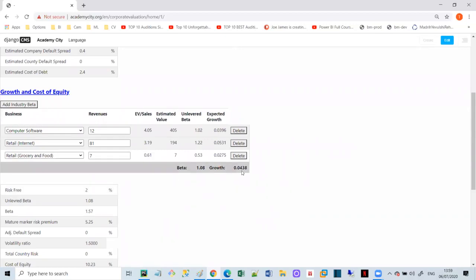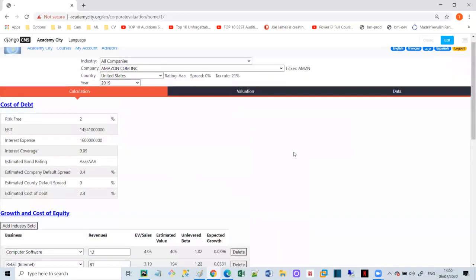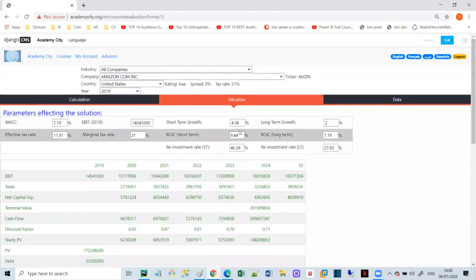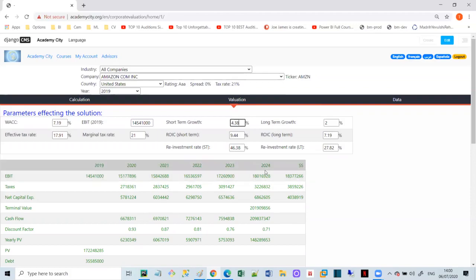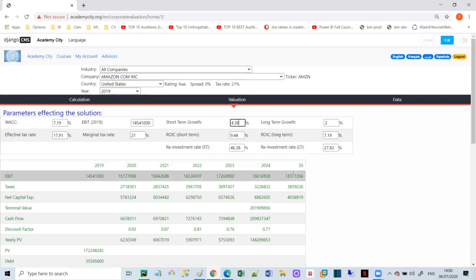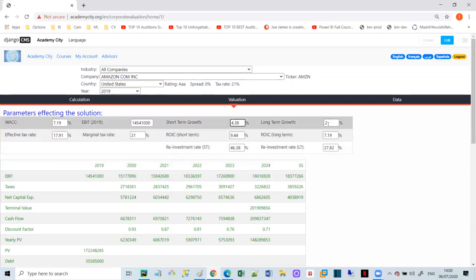Because you're using the 4.3 or 4.9 or 4.4 almost percent, we use this number right in here. And then with this number, we're really calculating the forecast of the EBIT for the following year. You should also emphasize that from 2024 to the following year, we use the growth rate of the steady state, which is 2%.